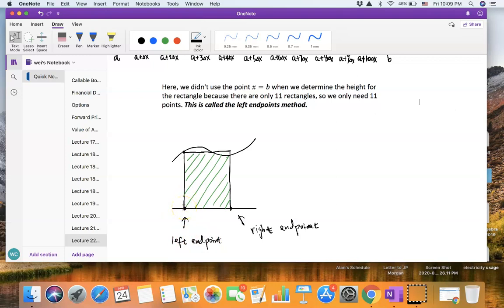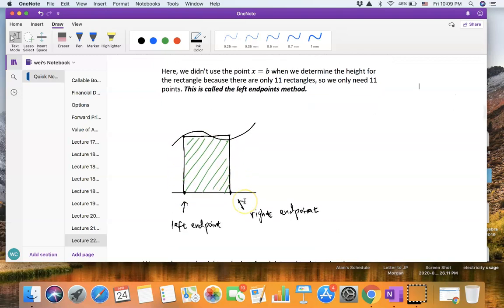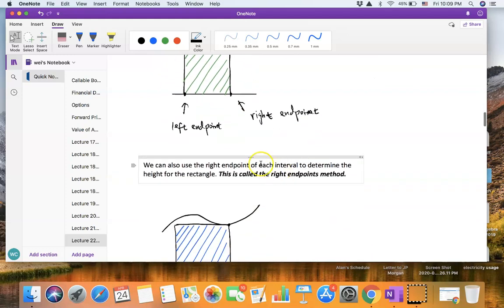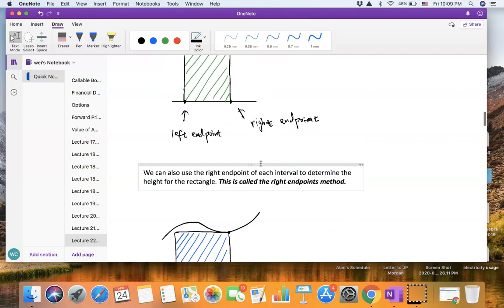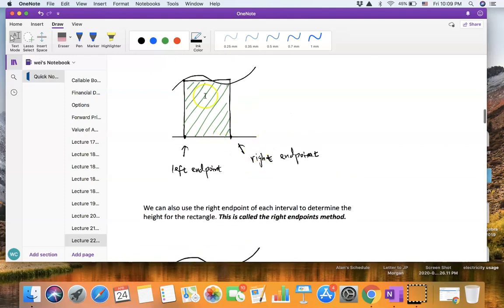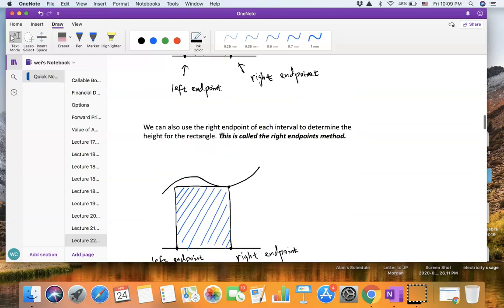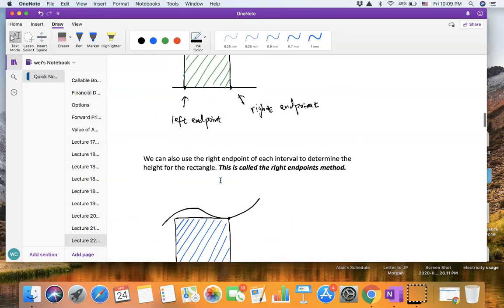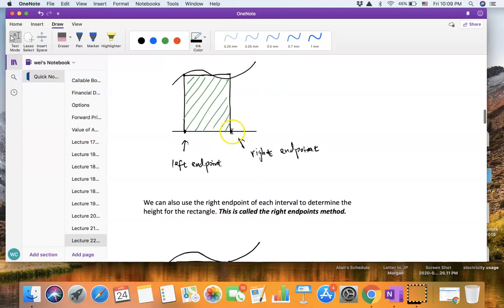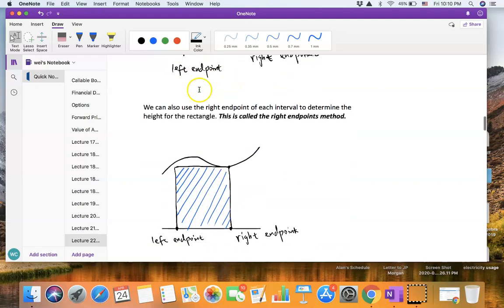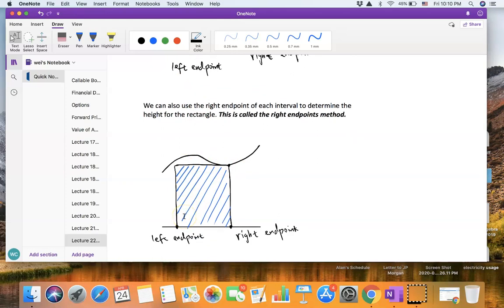So the rectangle I draw is like this, right? Now, if we have a left endpoint method, we also have the right endpoints method. If we use the right endpoint method to construct this rectangle, it will be like this, because this time I'm using the function value at this point as the height, so the rectangle I graph is going to be like this.